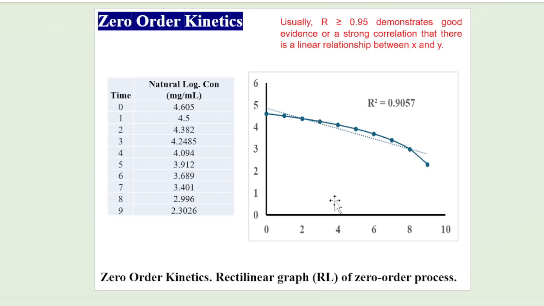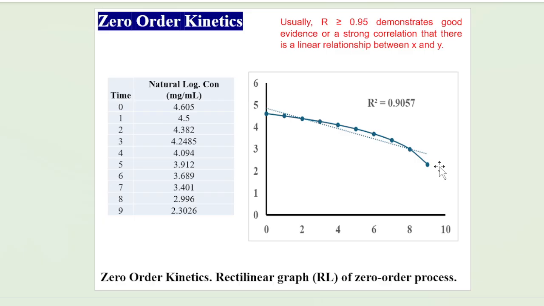So usually we say that there is a strong relationship if the r value is greater than 0.95. तो इसलिए जितनी r value close होती है 1 को, तो linear relationship exist करता है. लेकिन इस case में अगर हम देखें तो r value जो हमारे 0.9057 आ रही है, that is less than 0.95. तो ऐसी situation में linear relationship is not good. आप इसको देखें, curve का relationship good नहीं है. So that's why we can calculate the slope when we plot the data of the zero order kinetics and convert that data into natural log.